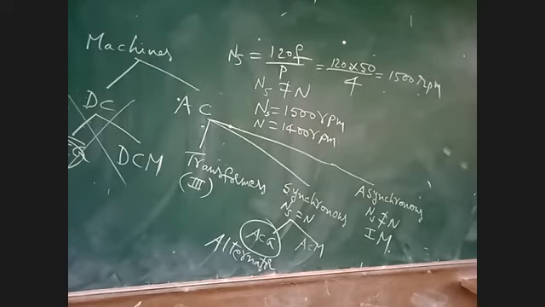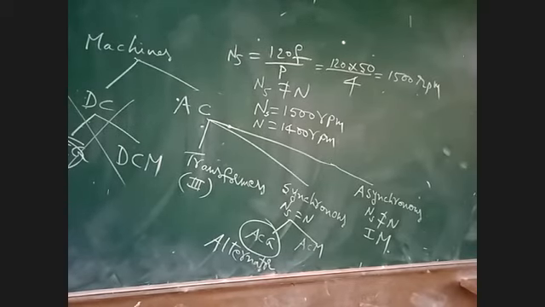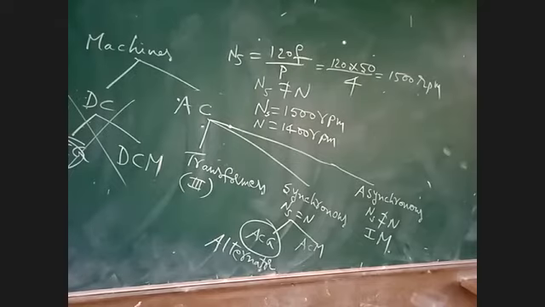That will decide the number of poles inside. Even your ceiling fan is a single phase induction motor. Whatever fan you are using in your house is called a single phase induction motor. The designer will decide the speed depending upon P, the number of poles in your fan.